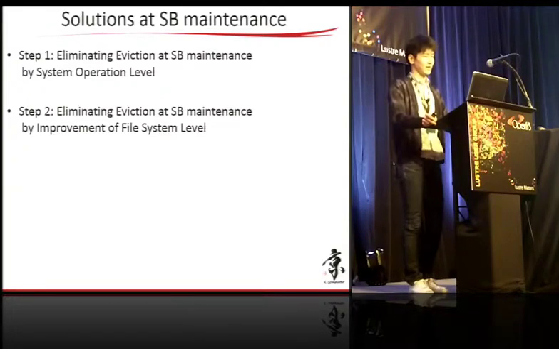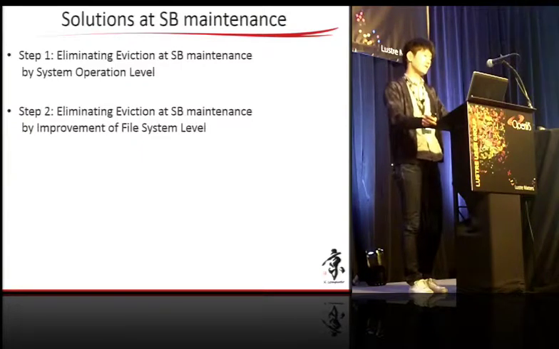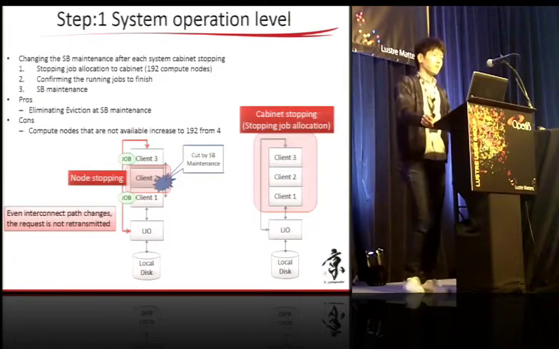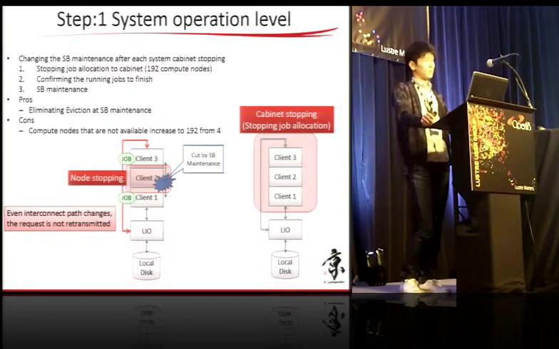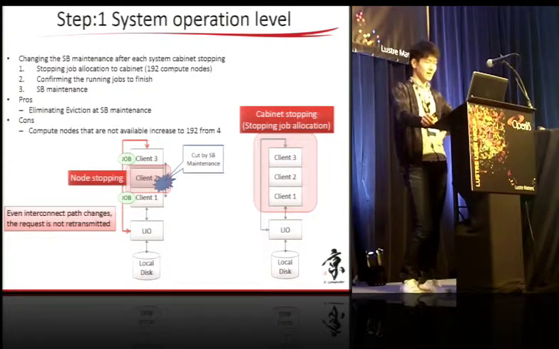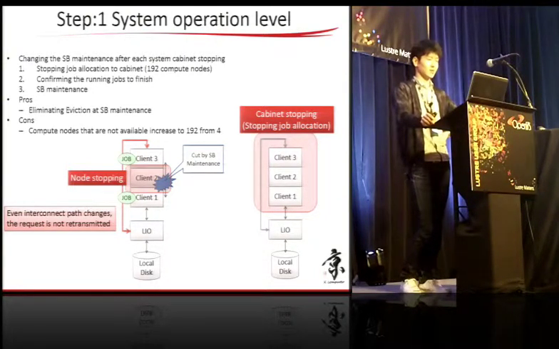We have eliminated eviction in two ways. One is system operation level. The other is improvement of file system level. We changed the operation of maintenance of system board. At first, we had maintained the system board during another job running in the rack.